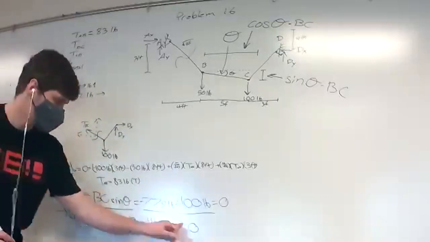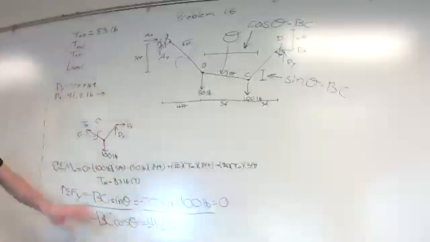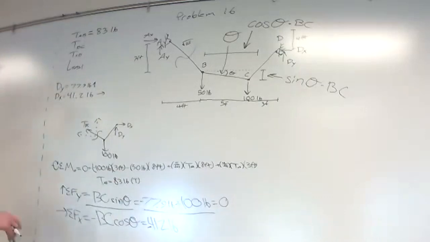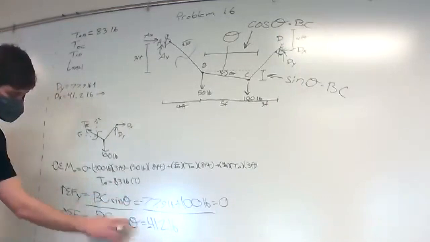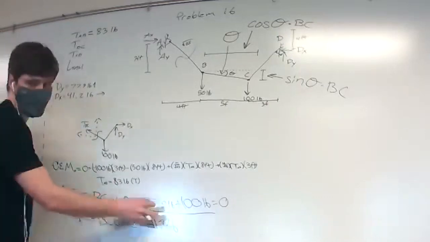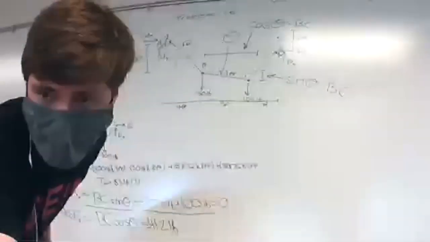You do this so that you can actually divide, because if you have them all together, the fractions just don't work that way. So we separate the BC sine theta and the BC cosine theta on the one side, and all of our actual known numbers to one side.